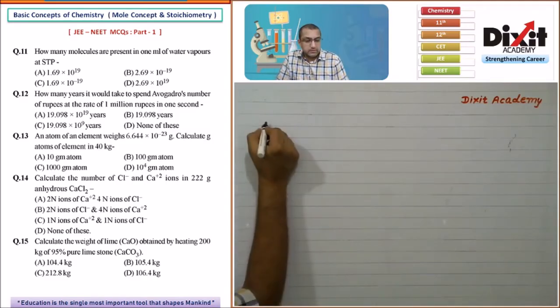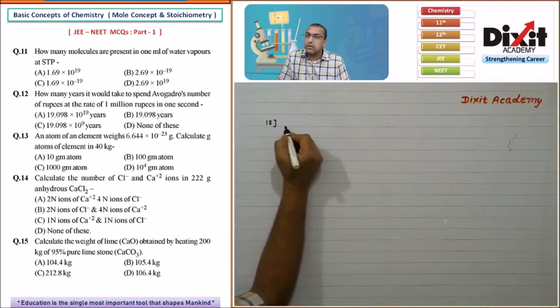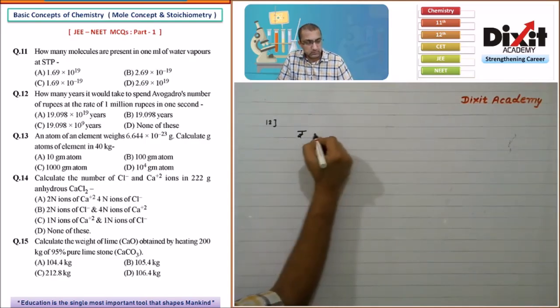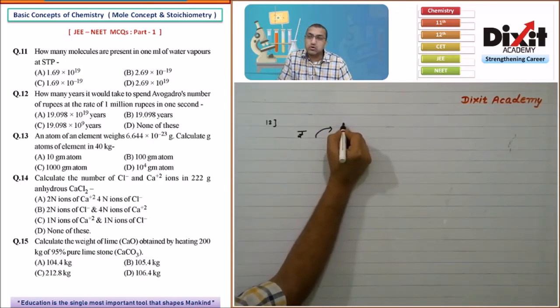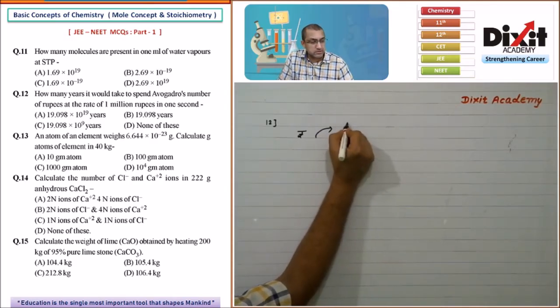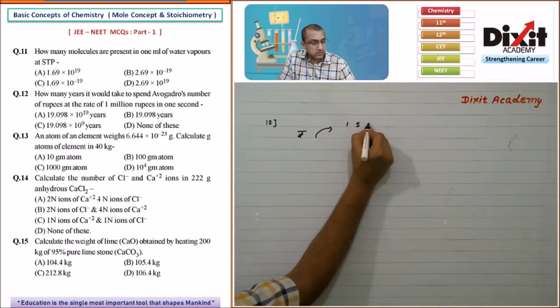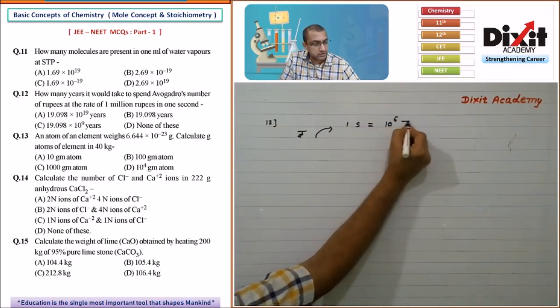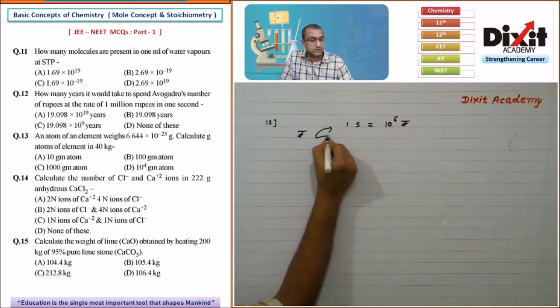Question number 12. How many years would it take to spend Avogadro number of rupees at the rate of 1 million rupees in 1 second? Interesting. So rupees to be spent in 1 second is equal to 1 million, that is 10 raised to 6 rupees to be spent in 1 second.